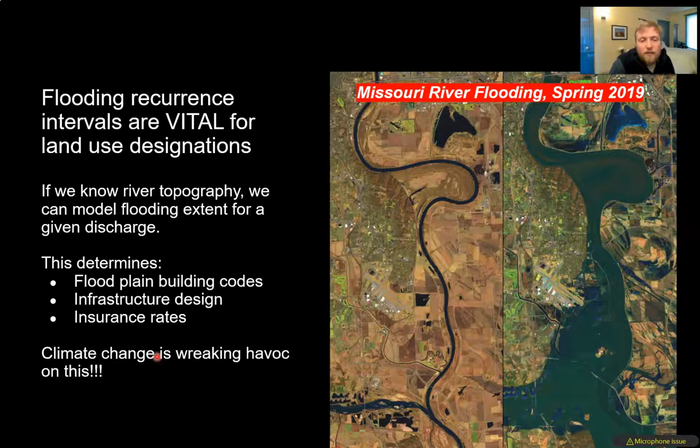You didn't hear anything about this in the news, particularly if you live on the East Coast, but this was a catastrophic flood year. A large flood happened with the combined effect of a large snowpack in the Rocky Mountains, followed by a big wet spring storm that dumped a bunch of snow on the high plains, followed by a 70-degree day right after the snowstorm, and a torrent, a deluge of water, came downstream and flooded the Missouri River and Republican River and other large rivers in the upper Midwest, and it devastated a lot of communities.